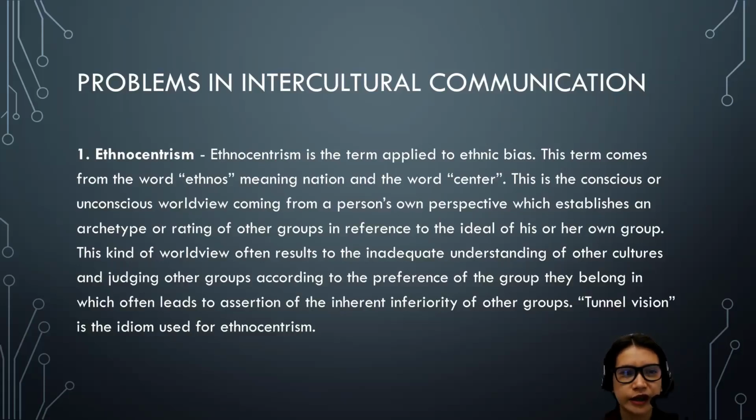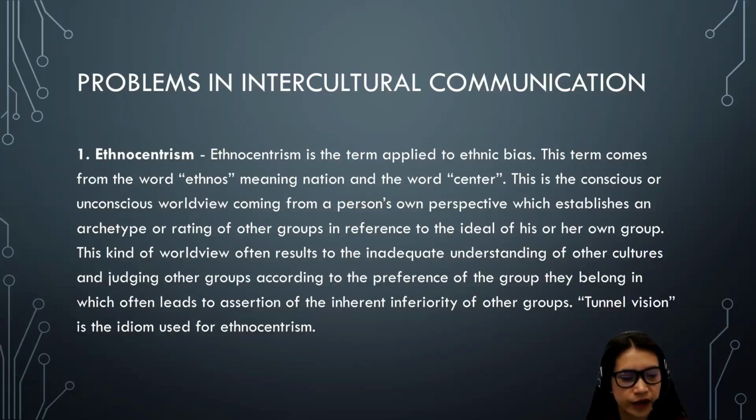This kind of worldview often results in inadequate understanding of other cultures and judging other groups according to the preferences of the group they belong to, which often leads to assertion of the inherent inferiority of other groups. Okay, so tunnel vision is the idiom used for ethnocentrism.